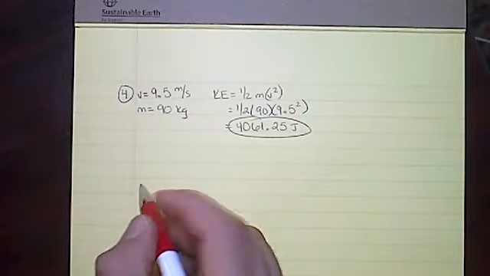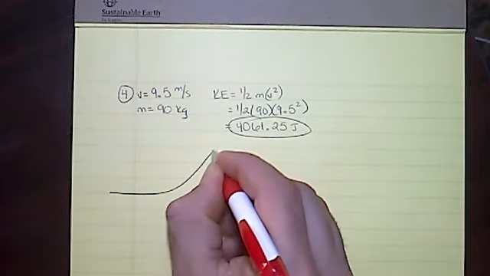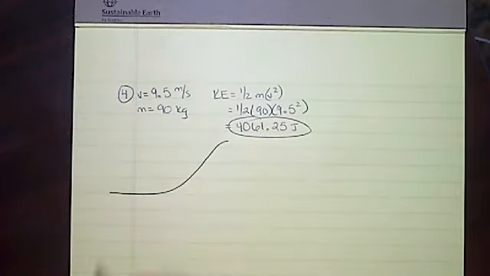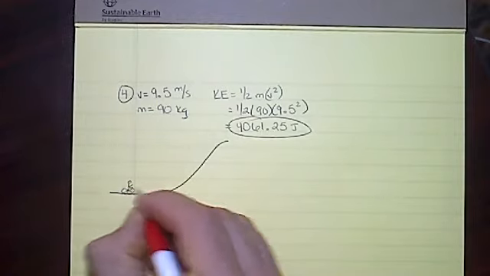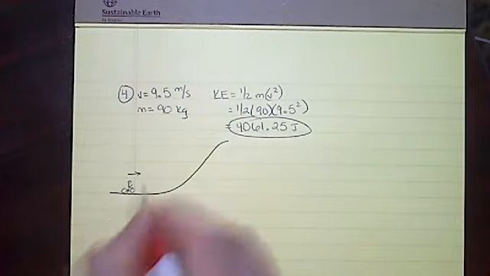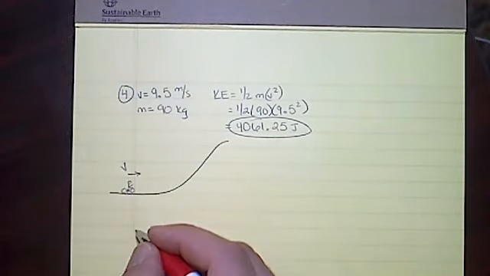So I'm going to draw a little drawing for you. Here is our hill, like so. And here is our bike with our person, right? And he is going this direction, and he has his velocity, and he's got his mass.